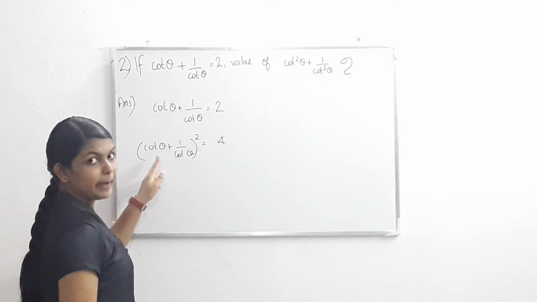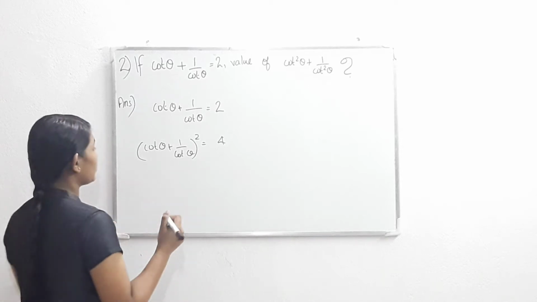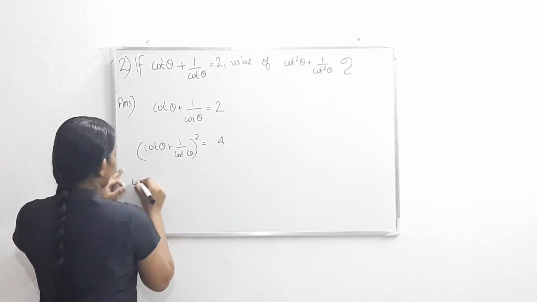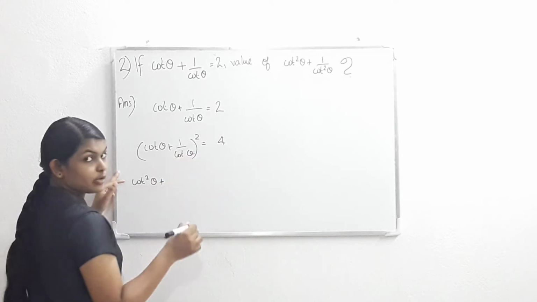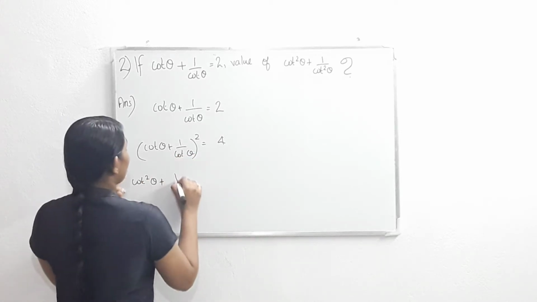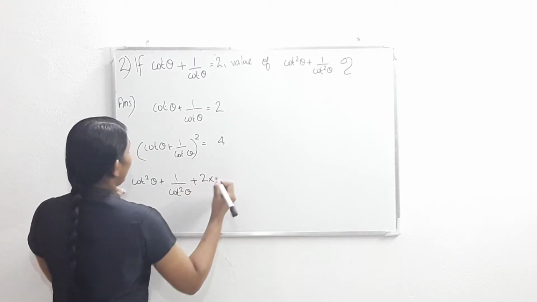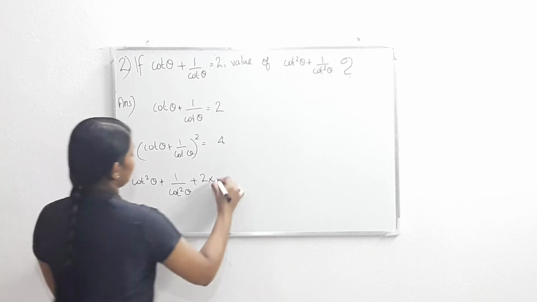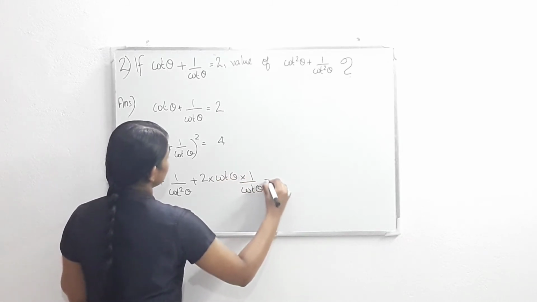And this is of the form a plus b the whole square, so that will be equal to a square plus b square plus 2ab. a square means it is cot square theta. b square means it is 1 by cot theta the whole square, which is equal to 1 by cot square theta. Plus 2 into a into b, which is cot theta into 1 by cot theta. So this will be equal to 4.